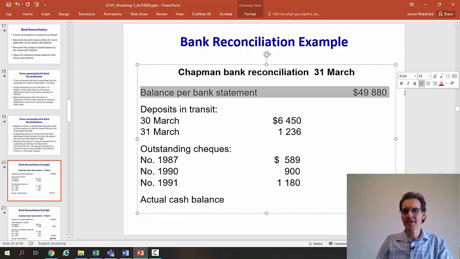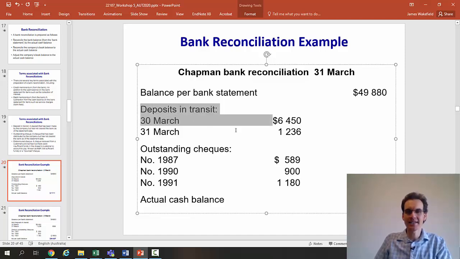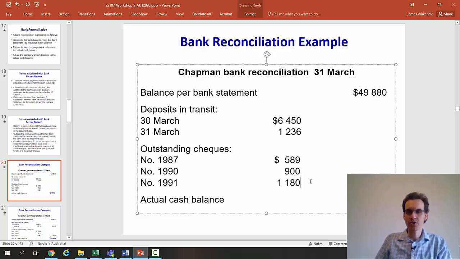Well, we want to identify the fact that there are amounts that the bank has yet to process that we did reflect in our own records and transferred to our cash T account. And these are examples of items in this case that we identify as missing from the bank statement or online transaction record that the bank has yet to reflect, but we expect they will be reflected at some point in the near future.